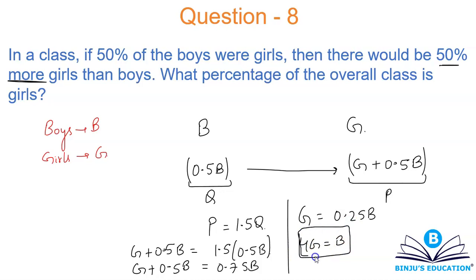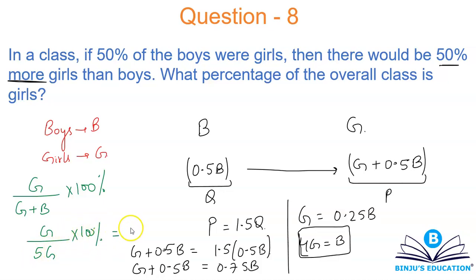What percent of the overall class is girls? We want to calculate the percentage, so let's do that. So that is G divided by G plus B into 100%. So that is G divided by, B is 4 times G, so that is 5 times G, into 100%. So you will get your final answer as 20%. And that's your final answer.